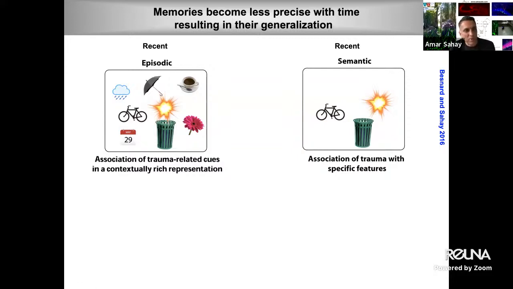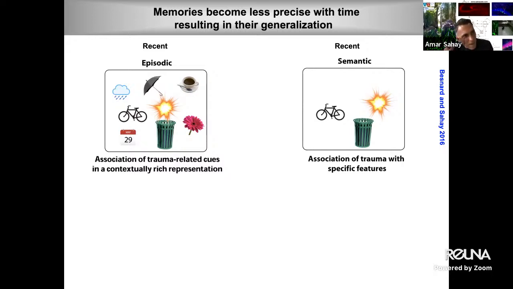Naturally, it is more generalized because the statistical probability of just a trash can and a bicycle in our environment is significantly greater than all of these items that were originally bound in that conjunctive representation. And this results in a bicycle or a trash can evoking the retrieval of the memory, and consequently the elevation in blood pressure, skin conductance, and heart rate.